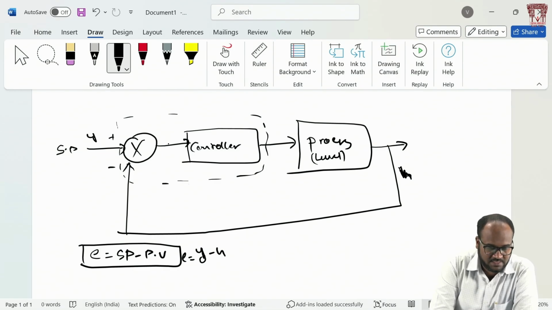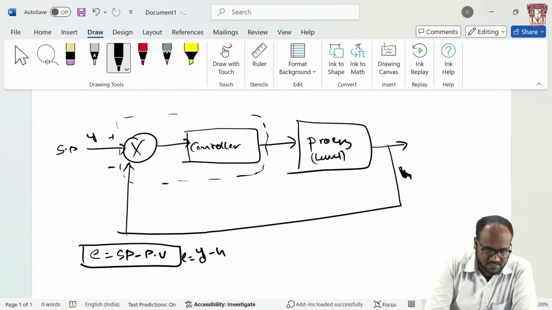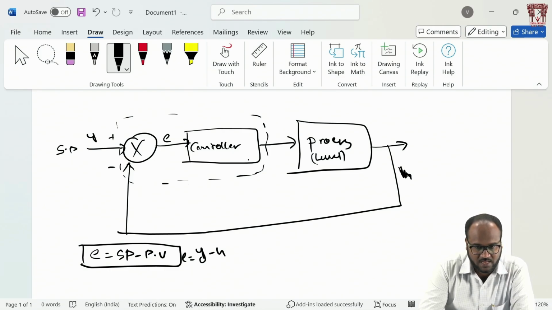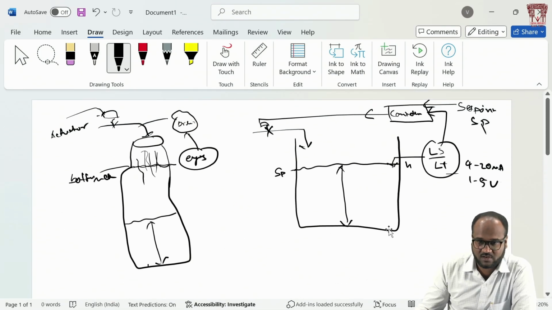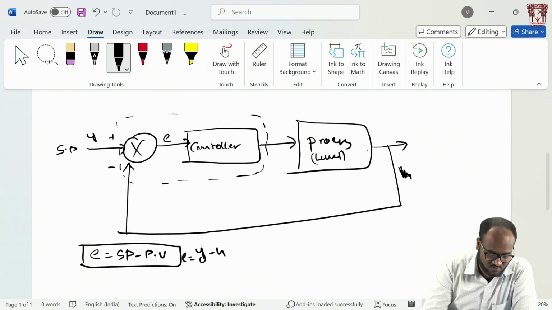So when there is an error, it means the process variable is not at the set point. This error is communicated to the controller, and based on this error signal, the controller will manipulate the process variable. In this case, we are manipulating the inflow to control the height of the liquid in the tank.